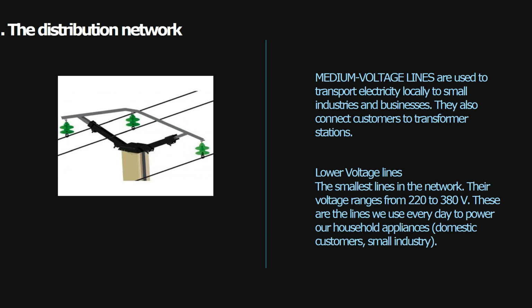The medium voltage line carries power to small factories and transformer stations. The low voltage line is what we use in our homes; it reaches our homes and appliances. Each level plays a vital role in delivering electricity with quality of service.